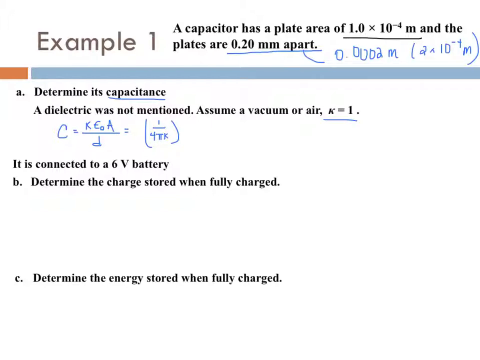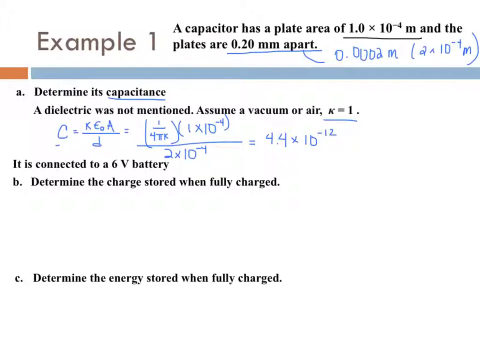Our area was 1 times 10 to the negative 4, and the distance between these two plates was 2 times 10 to the negative 4. Put that in your calculator, and you get 4.4 times 10 to the negative 12.